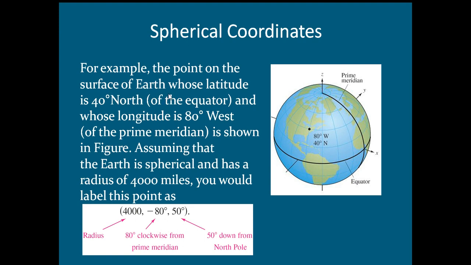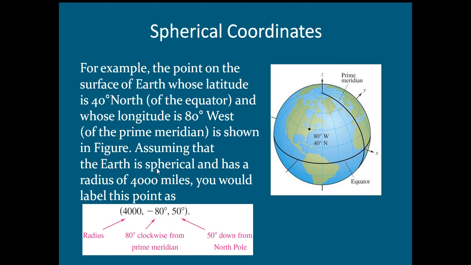the point on the surface of the Earth whose latitude is 40 degrees north of the equator and whose longitude is 80 degrees west of the prime meridian, it is shown in the figure that this is my prime meridian and this is the equator and this is the point, 80 degrees west and 40 degrees north.